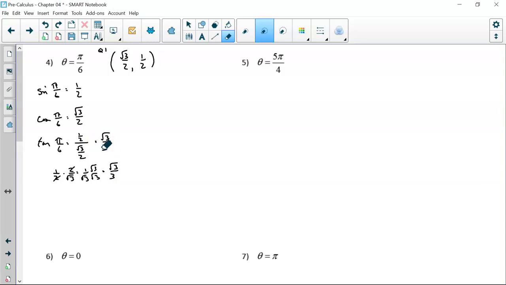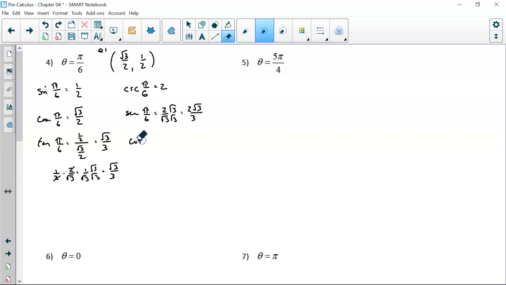There's our value. Now our cosecant of pi over 6 is the reciprocal of 1/2, which is 2. Our secant of pi over 6 is 2 over root 3, so we rationalize it. We get 2 root 3 over 3.